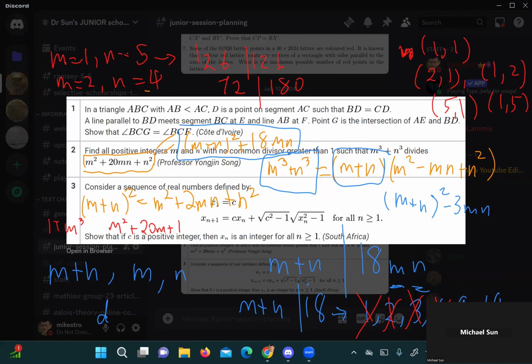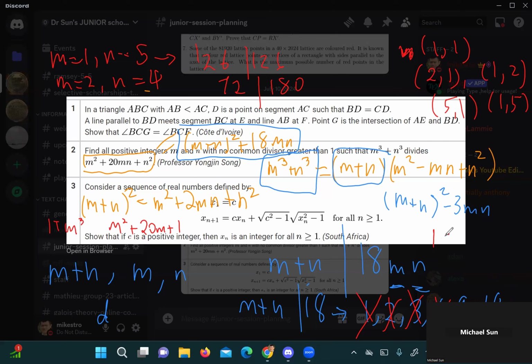And we just got 9 and 18 left. These seem harder. 1 plus 1 equals 18. Maybe it's easier to keep them in factored form.